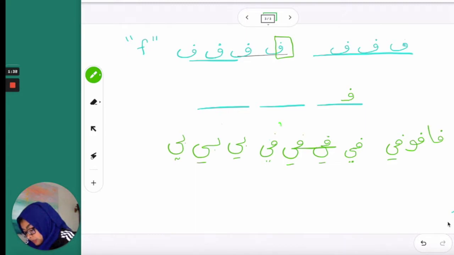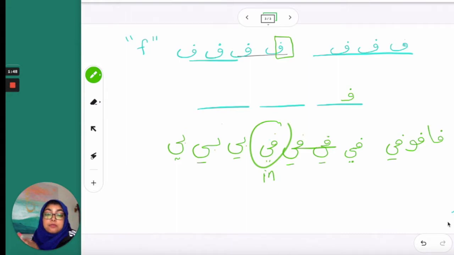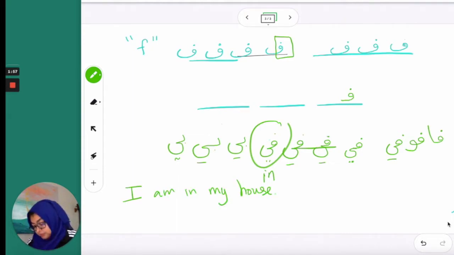You're going to circle this as a vocab word, and it means in. We're going to use this because this is our first preposition ever. We're going to say, I am in my house, which you probably are.